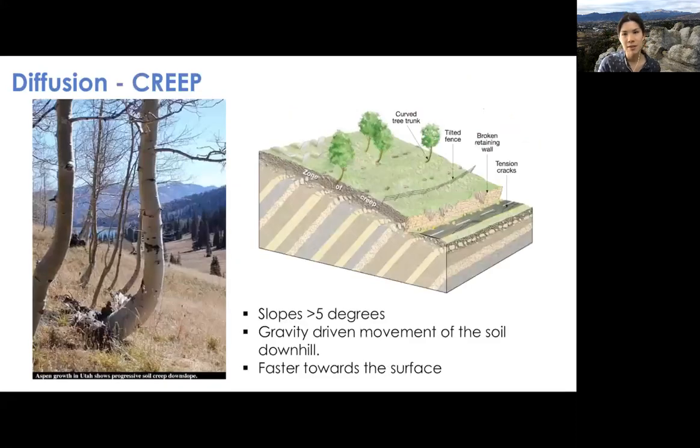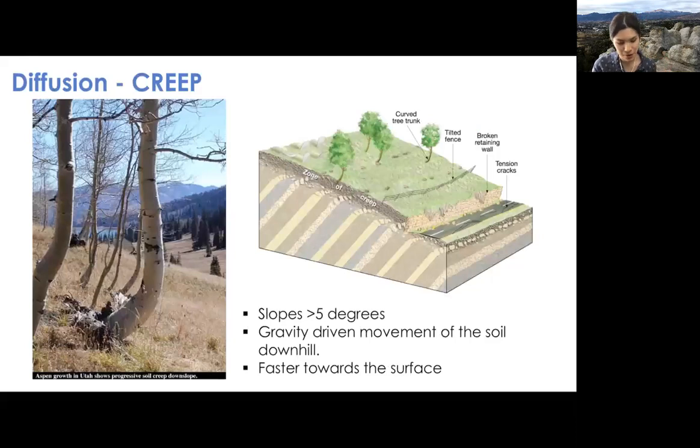But we can also look at the different sub-processes that are occurring. And so what we're probably seeing in those last few slides was a process of diffusion called soil creep. This is kind of what it sounds like. The soil is just slowly creeping along in a downslope direction.